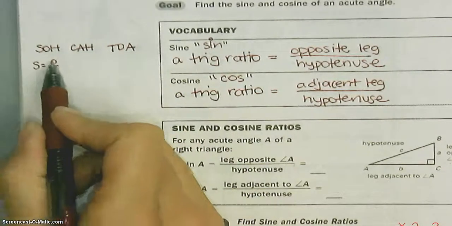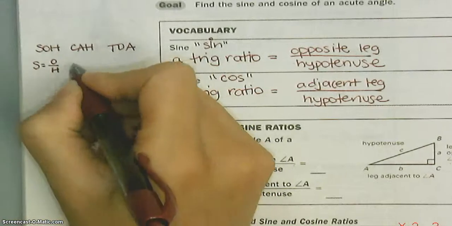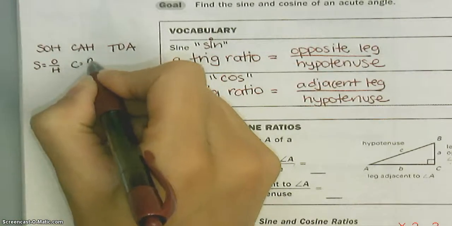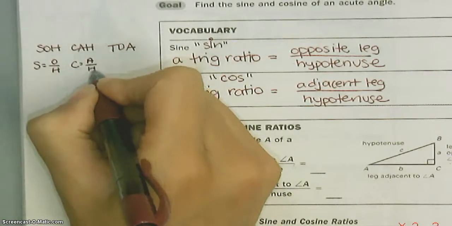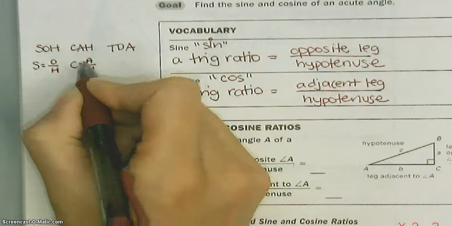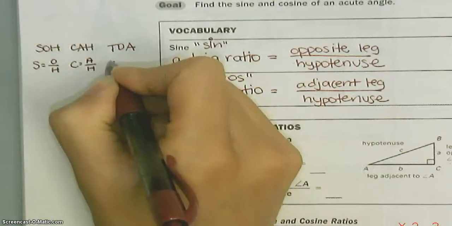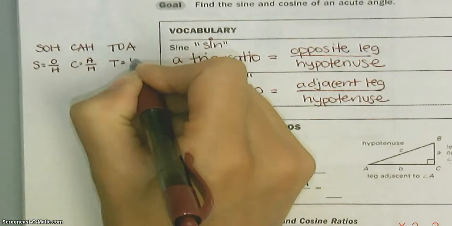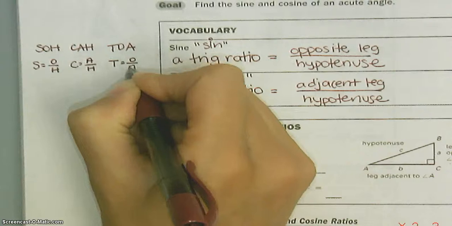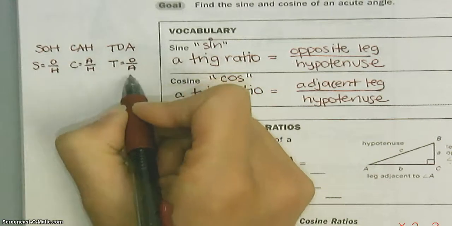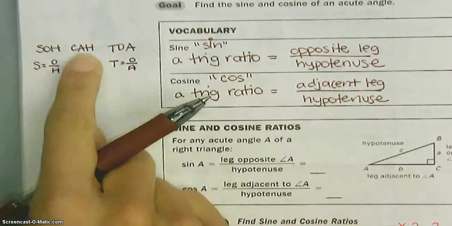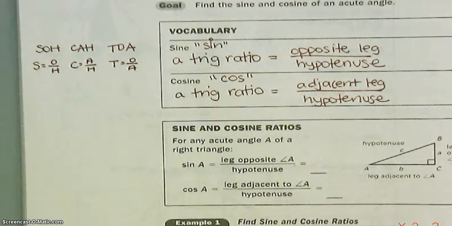See the SOH. CAH: cosine is adjacent over hypotenuse. And we learned tangent is opposite over adjacent. TOA. So if you can remember SOHCAHTOA, you can remember which is which.